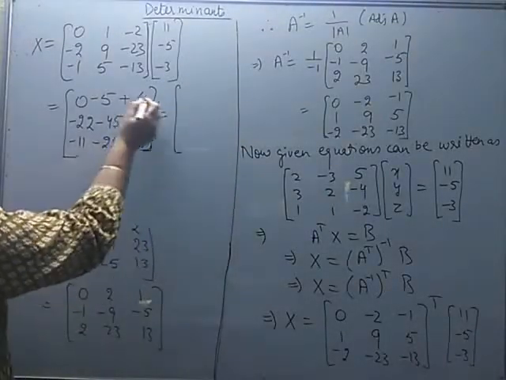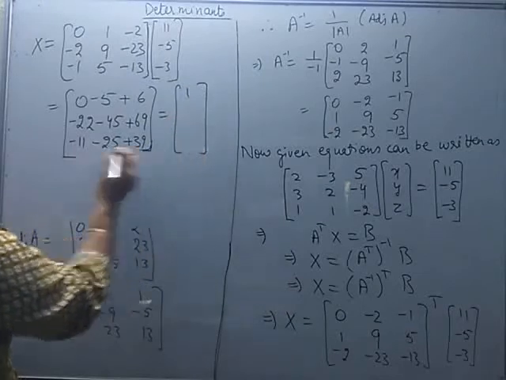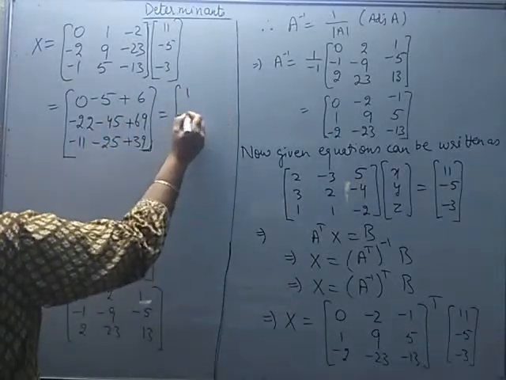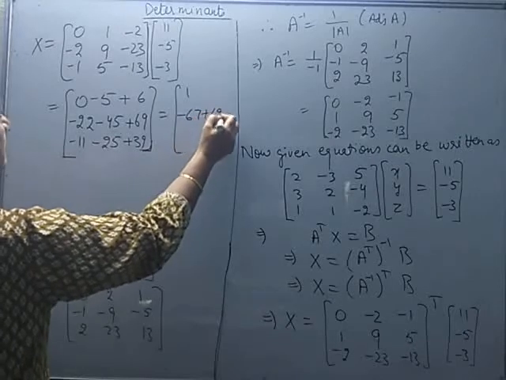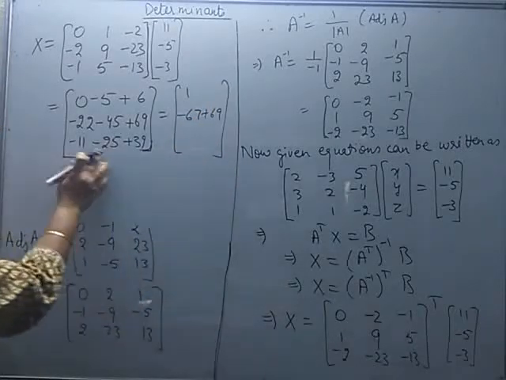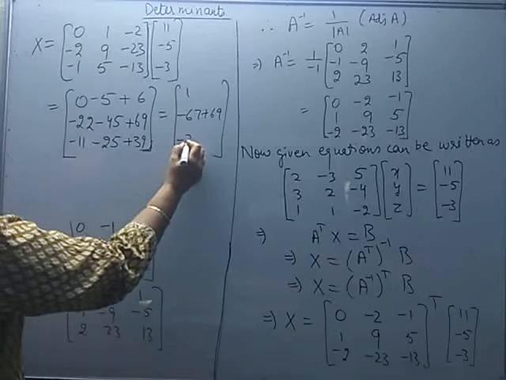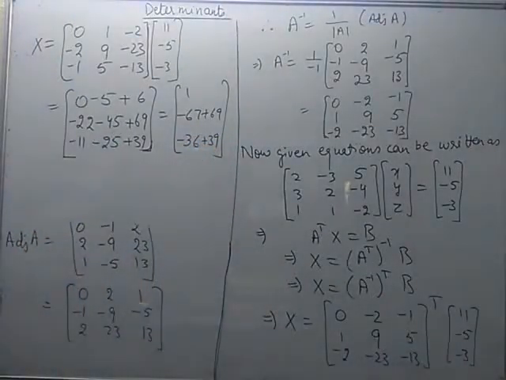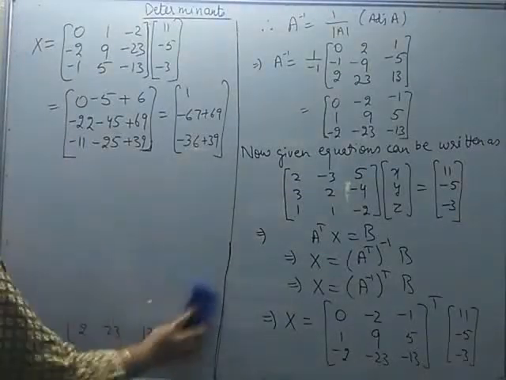So see, you can easily make out 6 minus 5, 1. This will give us -67 plus 69. In the next step, we can solve it. Then the sum of these two will be -36 plus 39. This is what we are getting. The first element we could solve quickly, it is 1 only.